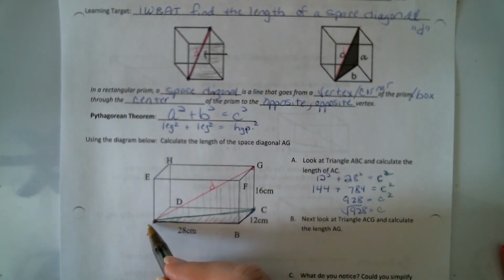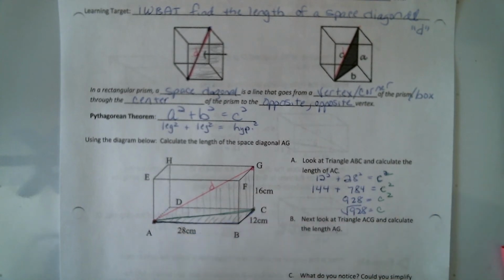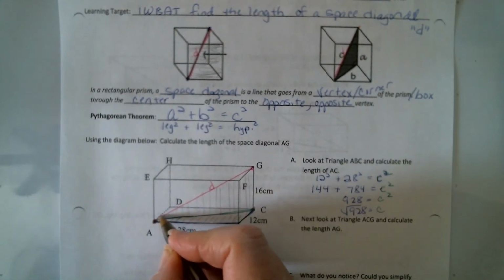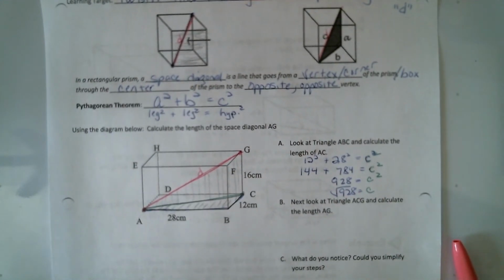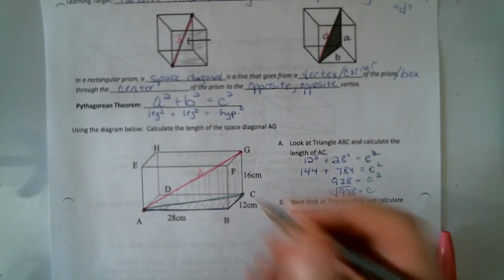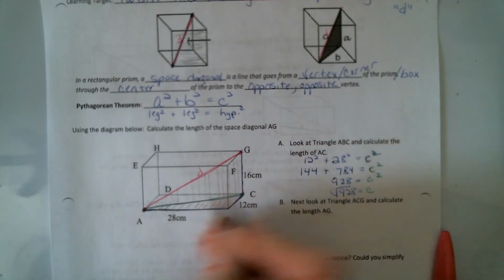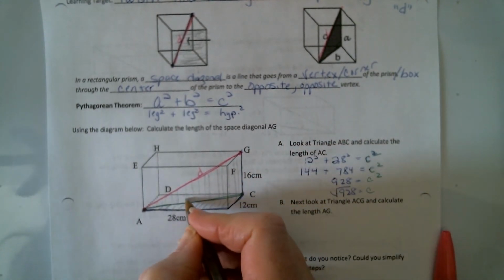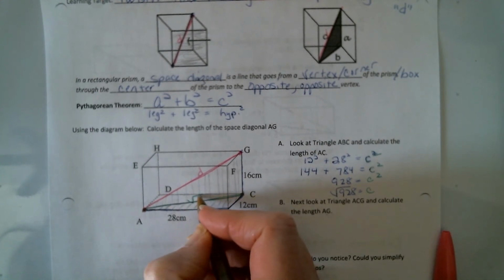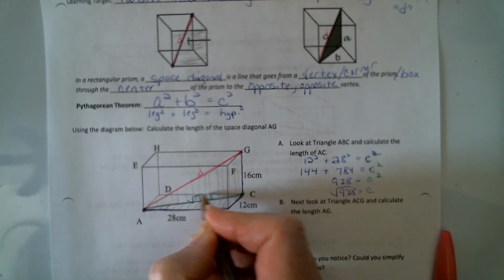And if we wanted to calculate the length of AG, which is the hypotenuse of the space triangle, well, now we've got this is our leg, and this is our hypotenuse. So I'm going to label on the diagram that this was the square root of 928 exactly.